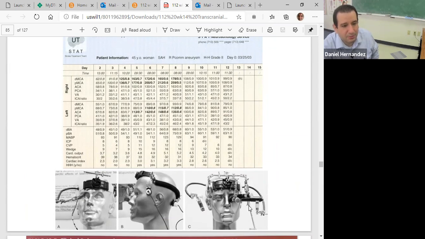We're able to do transtemporal as well as transorbital. I'm sorry, this is the suboccipital monitor, transtemporal, and we can also place transorbital if needed.